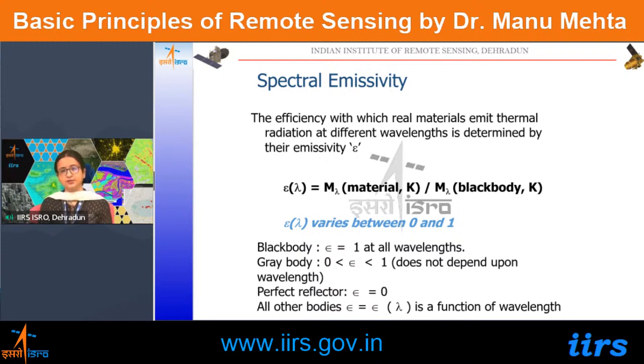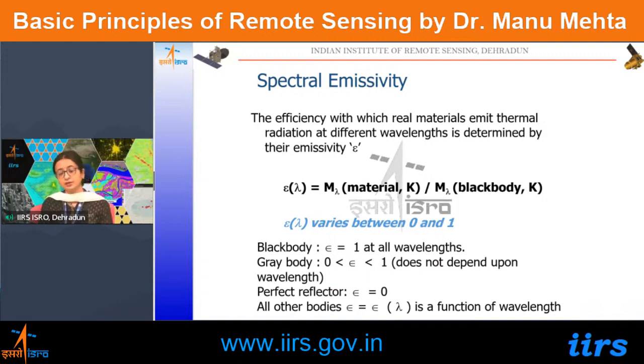If you have a black body itself, this emissivity will be 1. If you have a perfect reflector which does not emit anything, then your emissivity will be 0. Real objects will always have emissivity values ranging between 0 and 1.